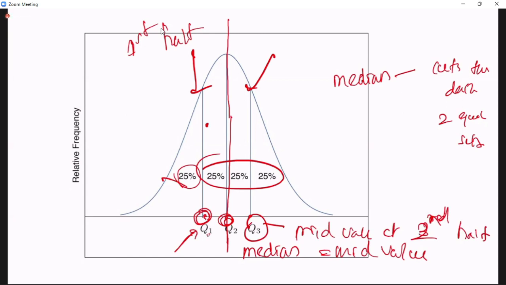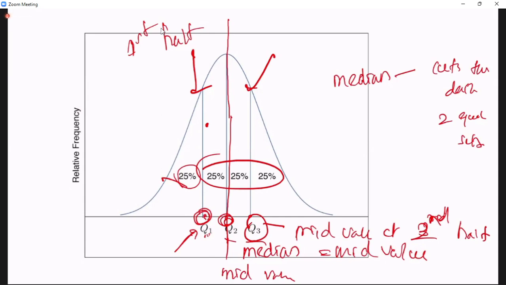Q2 is what? That is the mid value of the entire region, or the mid value of the entire data set, or the median. So we name these three measures as quartiles: first quartile, second quartile, third quartile. By these three quartiles, the entire distribution or data set is divided into four equal parts.